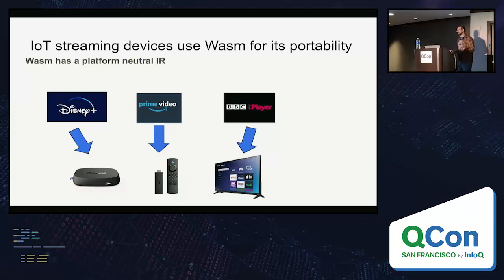Another place that Wasm is really catching on is in the IoT space. Because you have this whole diversity of different devices, and you have developers writing your application code, and you don't want them to have to worry about all the fussy details of the different compilers and different devices. So Wasm's platform independence is being used as a layer to shield people writing the application logic from the particulars of the different IoT devices.